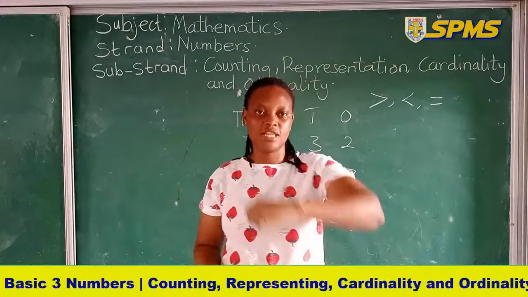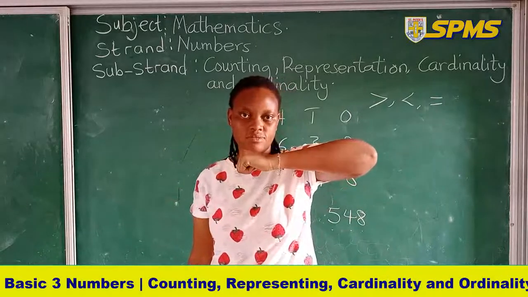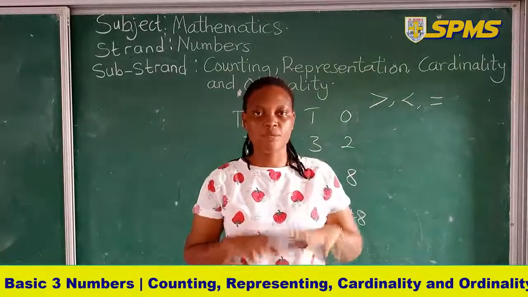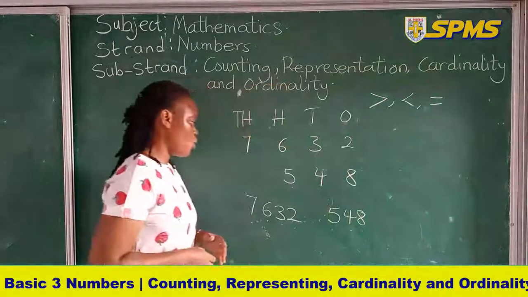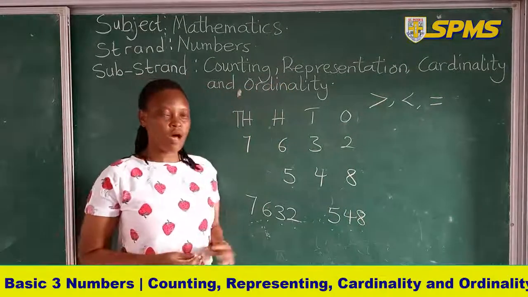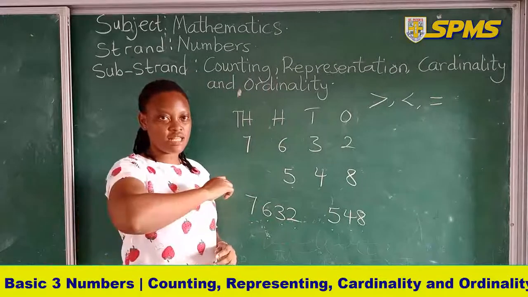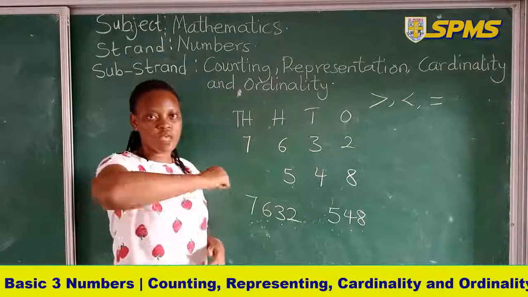And then we have the less than, that comes with your left, this way. And then the equal to sign, which shows that both numbers are the same. So which symbol are we putting here? We said that the greater than swallows the bigger number. So we have this.